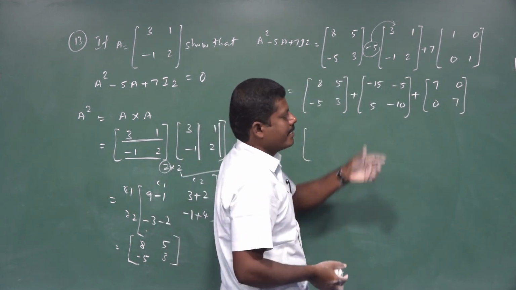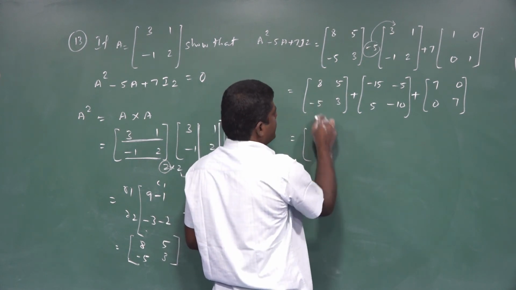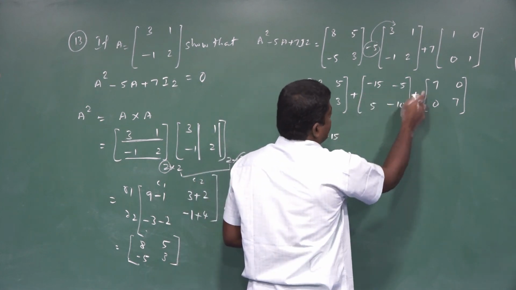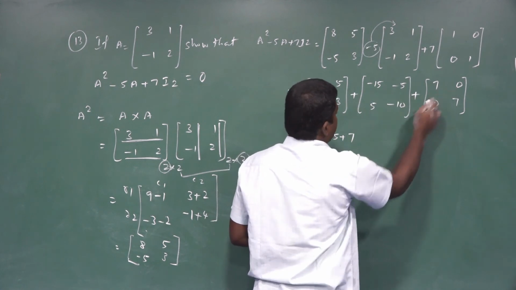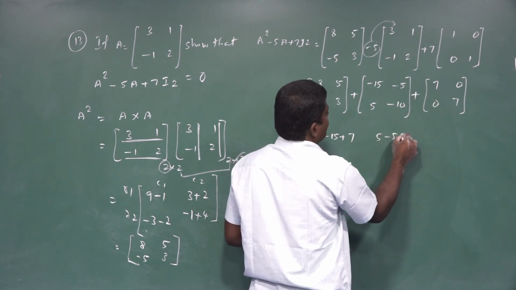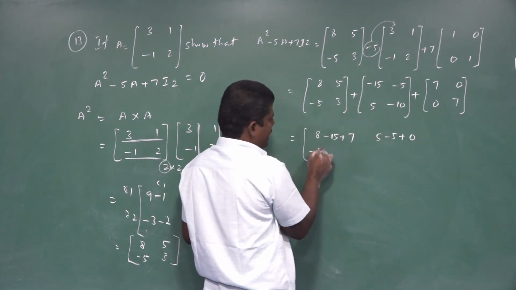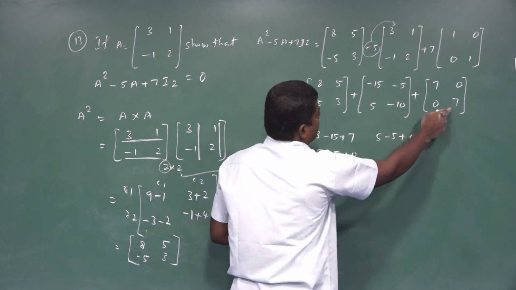Finally you want to add these 3 matrices. Understand? Corresponding elements you want to add. 8, the corresponding element is minus 15, the corresponding element of minus 15 is 7. Second element, 5 minus 5, 0. Minus 5 plus 5, 0. 3 minus 10 plus 7.